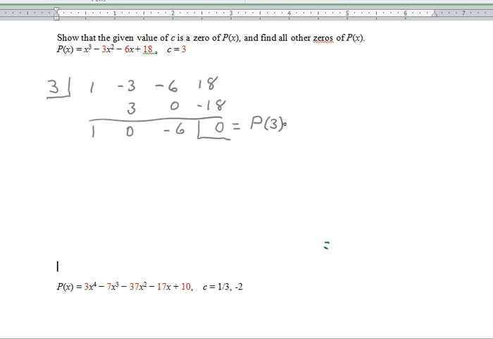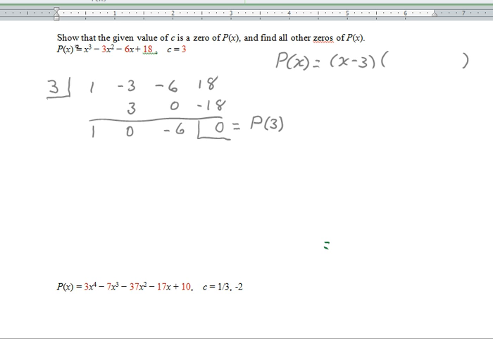So at this point, we know that our p of x is x minus 3 times a quadratic. The second factor is a second degree factor because a third degree polynomial divided by a first degree polynomial will have to be a second degree polynomial.